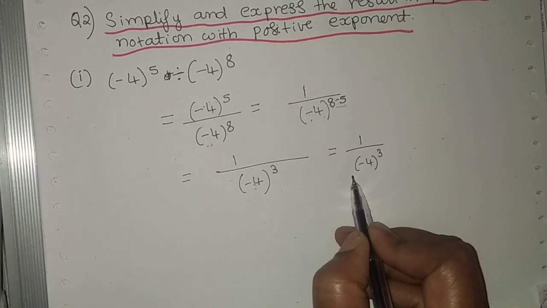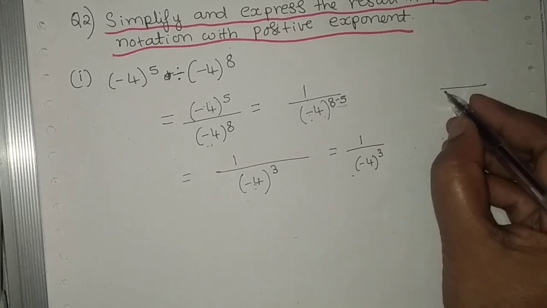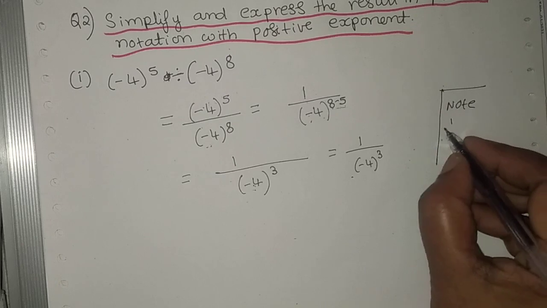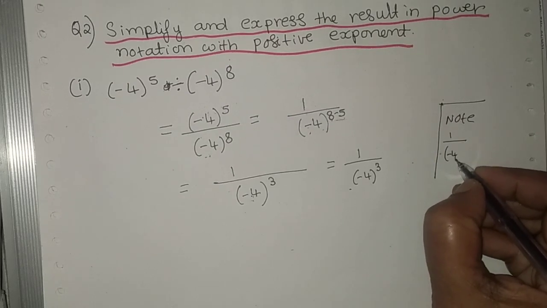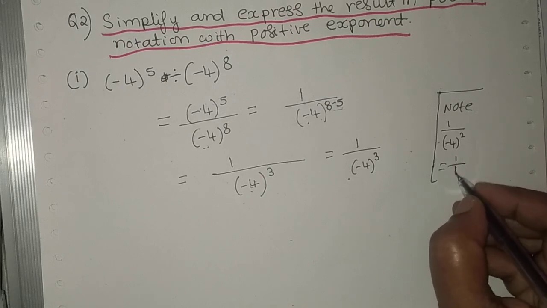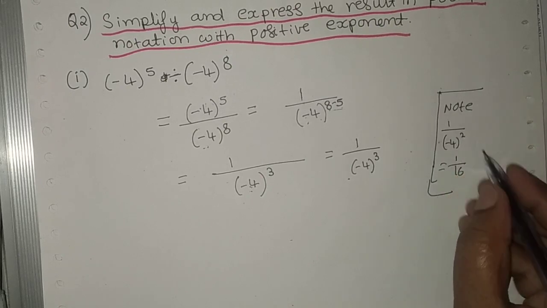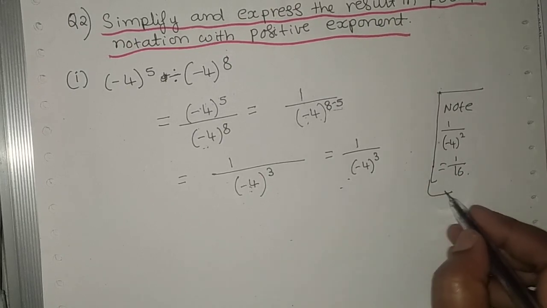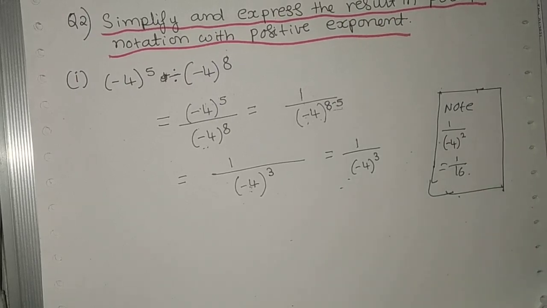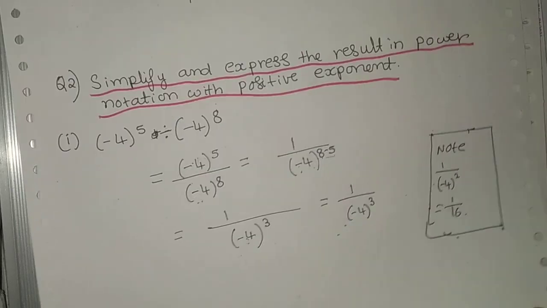Therefore 1 by, so if it was minus 4 to the square, then the answer would have been 1 by 16. So since there is cube, we have to write as it is. So this is the solution for the first problem. We move to the second one.